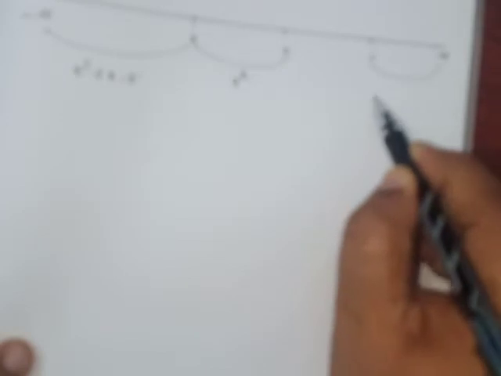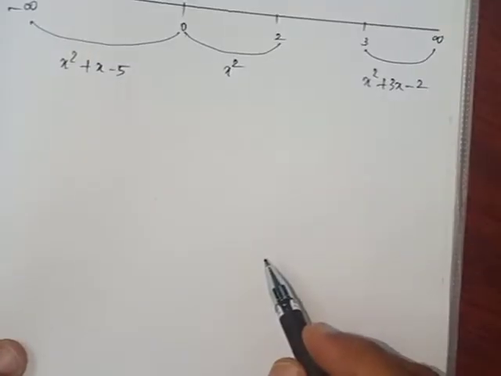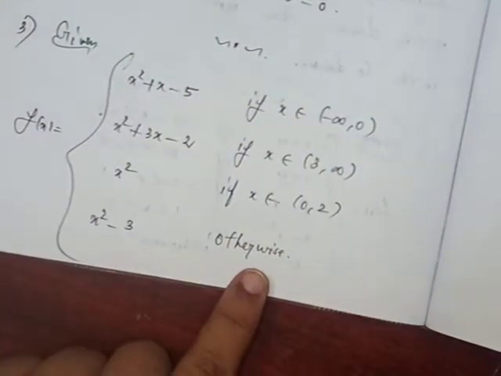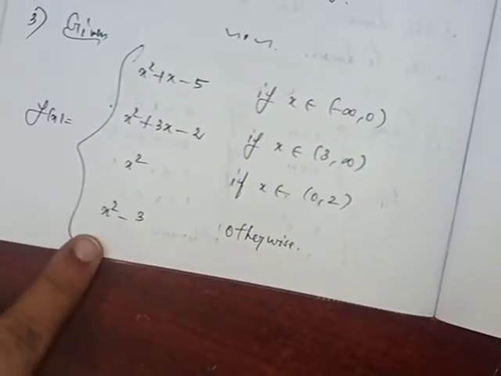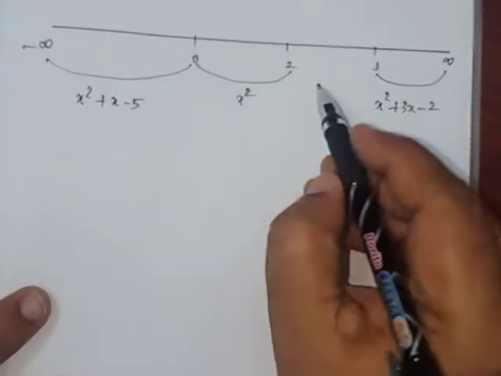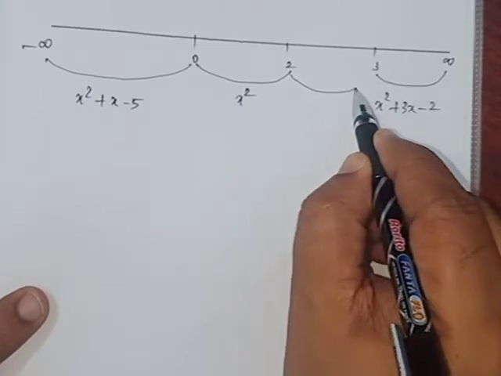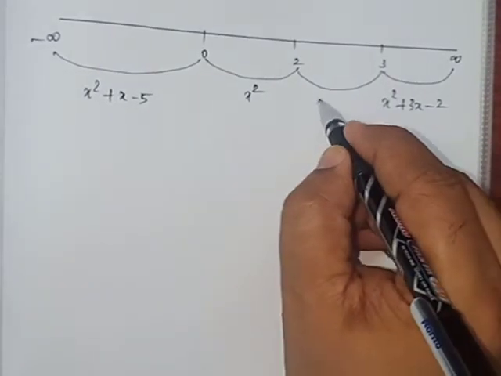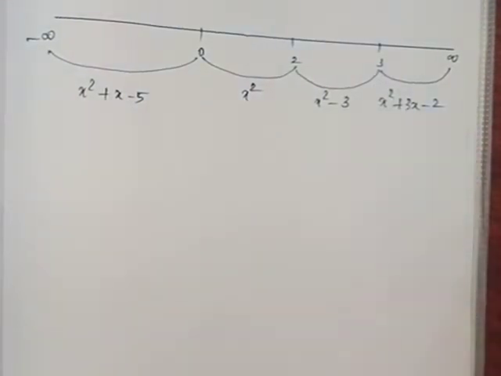Otherwise, you are getting x square minus 3. Otherwise means which one is left out here? Here only. So, in this interval, x square minus 3.